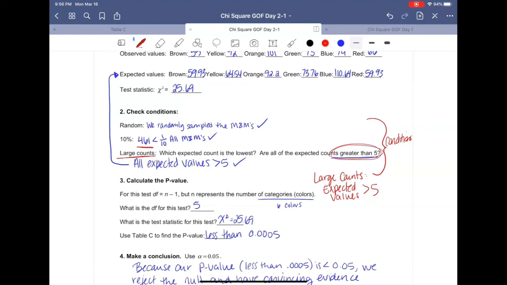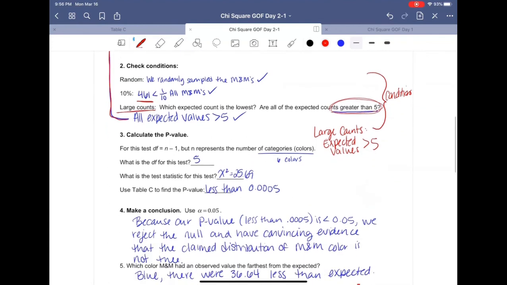Now we've already done that, so I just drew an arrow here to our expected values on the page. So that's fine. So if at some point on your paper you've already calculated your expected counts, all you need to do is make sure you note that somewhere. You don't need to list them all again. But if you don't have them listed on the paper, you do need to make sure you have them somewhere, meaning list them all or list at least the lowest one and note that you're only showing the lowest one.